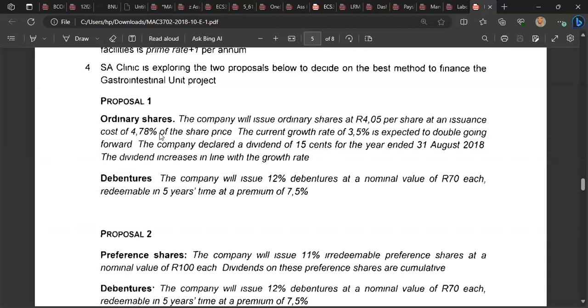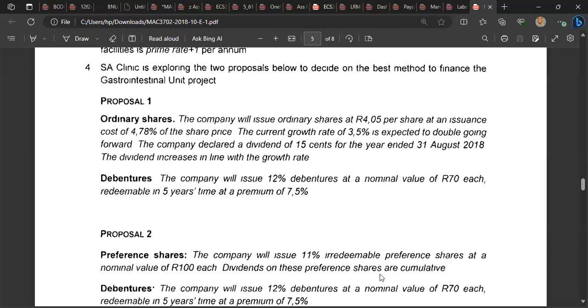So the actual money we can get per share is 4 rand 5 cents minus this percentage. This amount goes towards defraying expenses to do with issuing those shares, maybe brokerage fees. So at the end of the day, this 4.78% isn't coming to the company's pockets, so we need to exclude it.